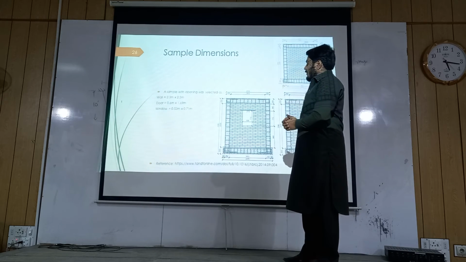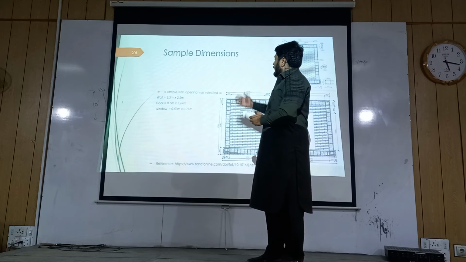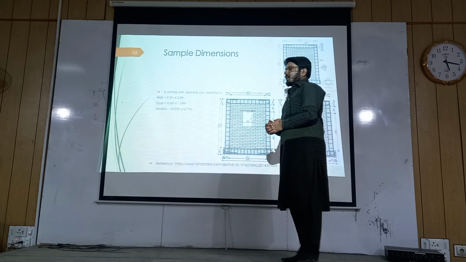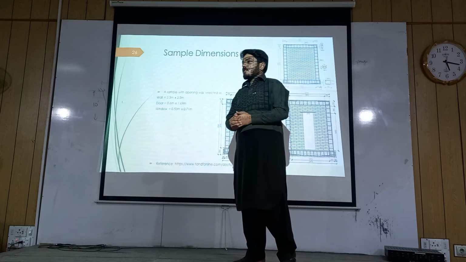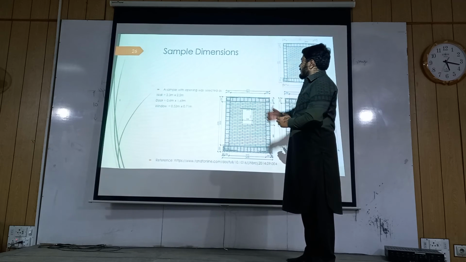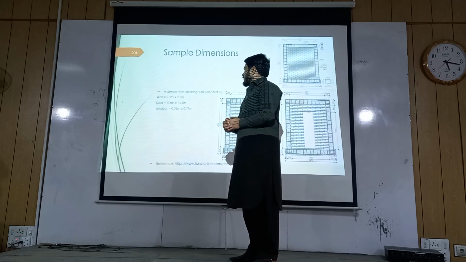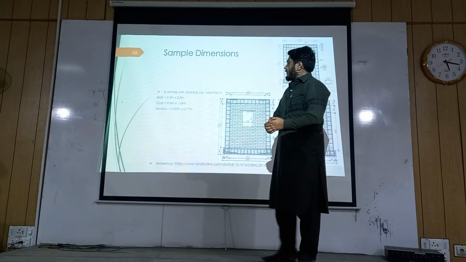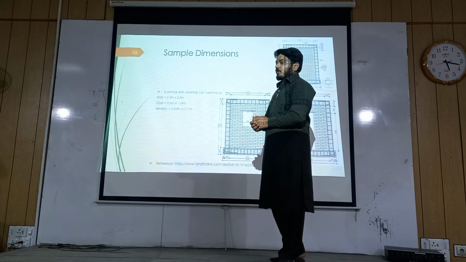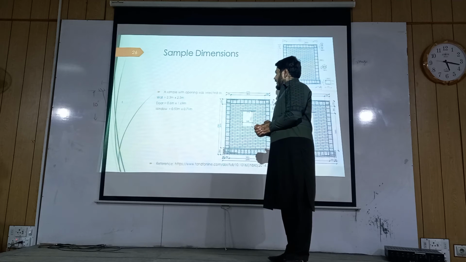Now the other research paper which we have studied is from numerical analysis and experimental investigation, which gives us the wall with opening and without opening. The wall dimension is 2.3 by 2.5, door with 0.6 meter by 1.69 meter, and window with 0.53 and 0.71.